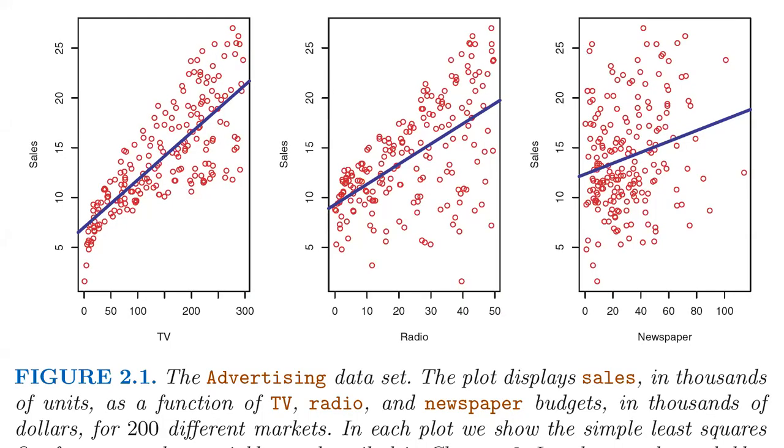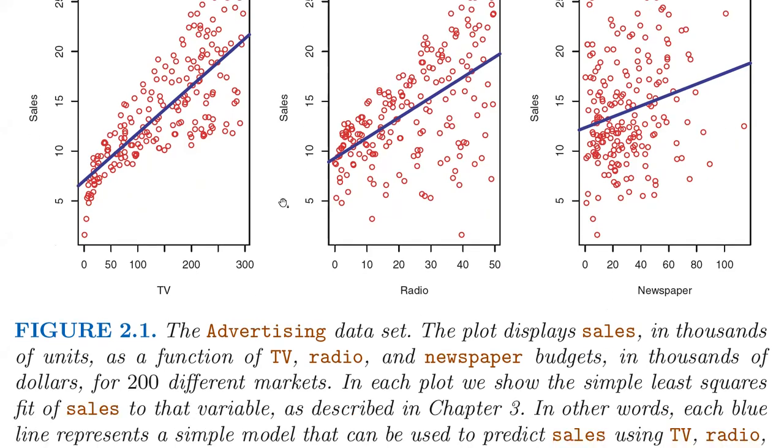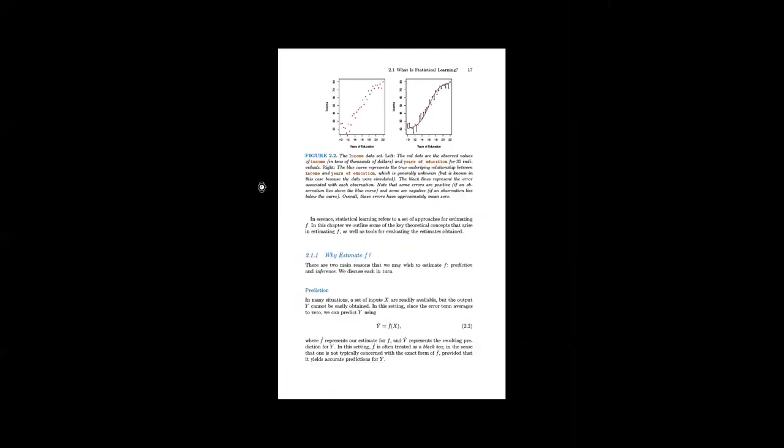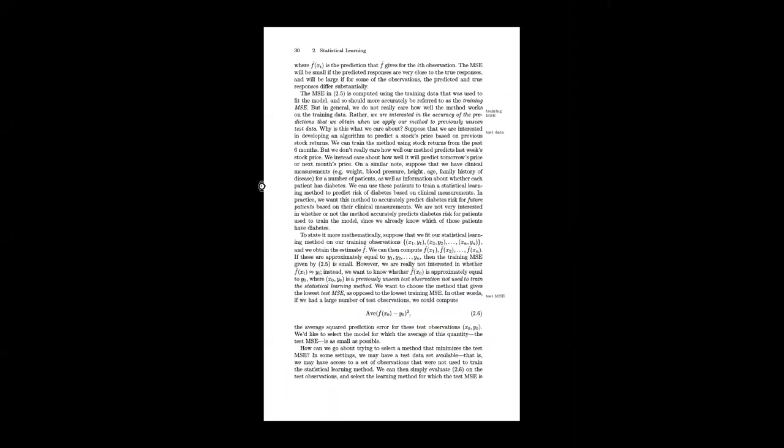The blue, well, that's our model, and that is a linear regression model. We are trying to fit a linear relationship between the units of sales against TV budget, radio advertising budget, and, actually it's newspaper advertising budget.